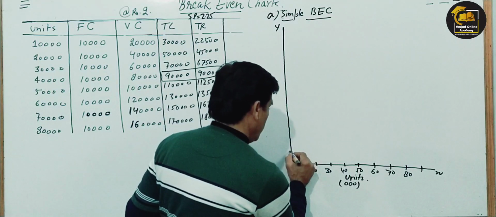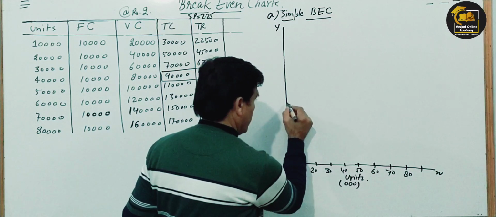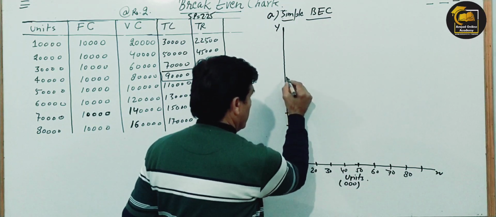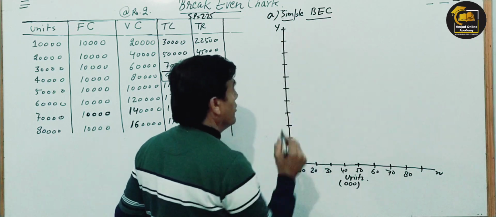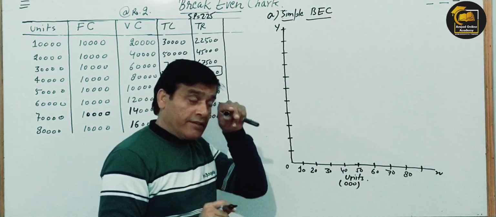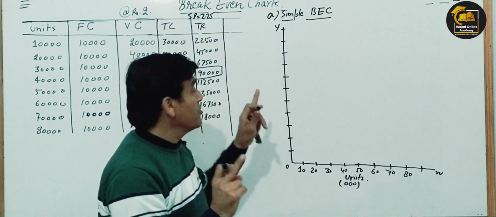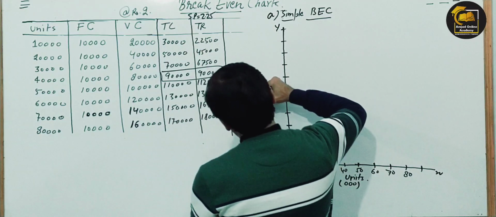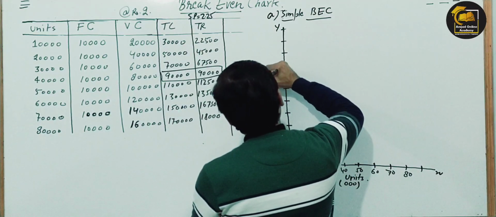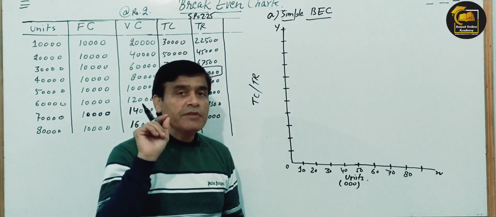Now, if we talk about the y-axis, what I told you, because we have to plot only two columns here, that is, we are concerned with total cost and total revenue, right? So total cost and total revenue will be shown on the y-axis, and now we have to decide the optimum scale.